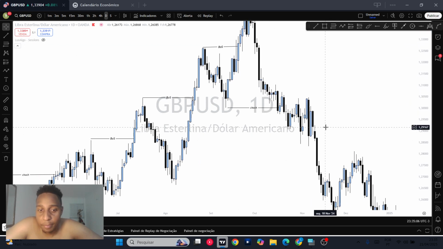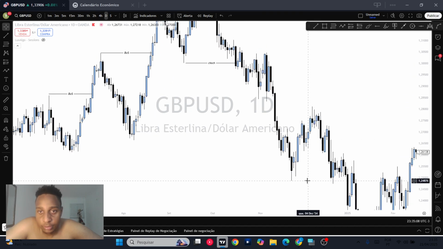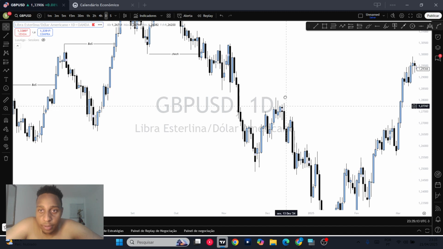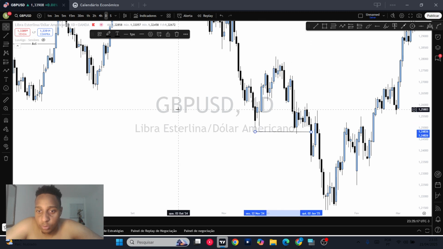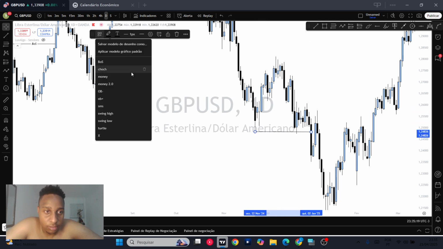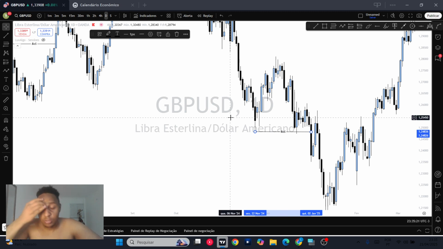And then price melted down like butter, made this pullback, this retracement, and then price broke structure again. So this is how the markets move basically.